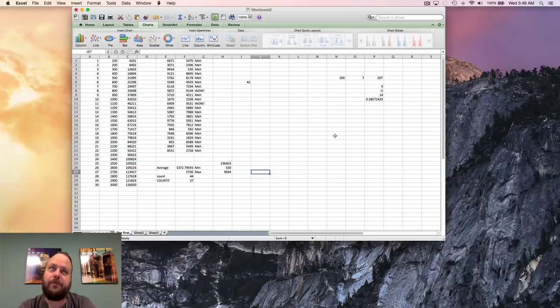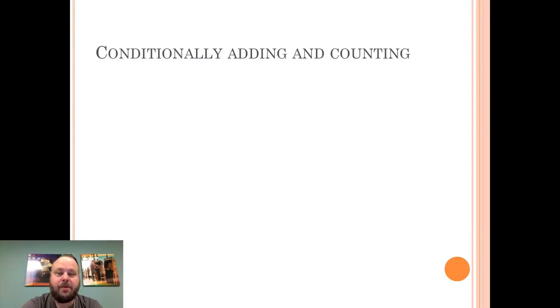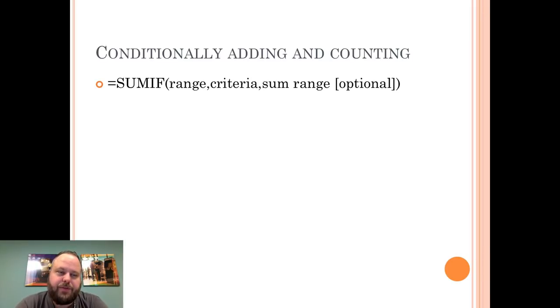All right, let's go ahead and go back and continue on. All right, so let's talk about conditionally adding and counting. I've actually already showed you the conditional counting earlier on, but we'll kind of run over that real quick again. So we have the sum if, and that allows us to add something if some criteria is met.